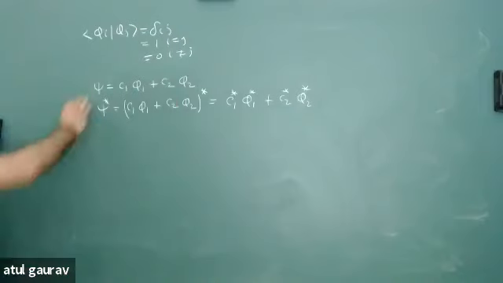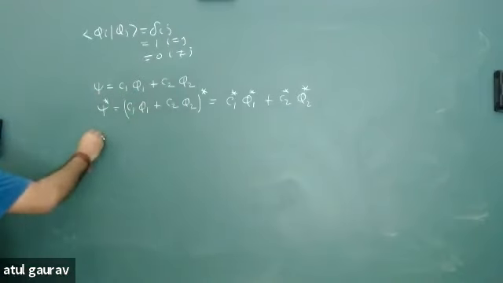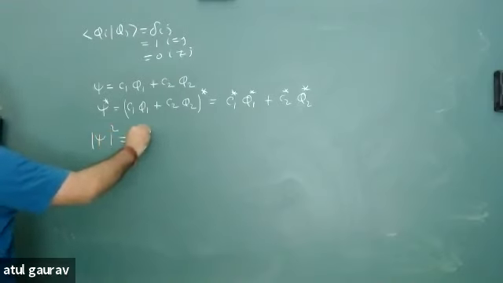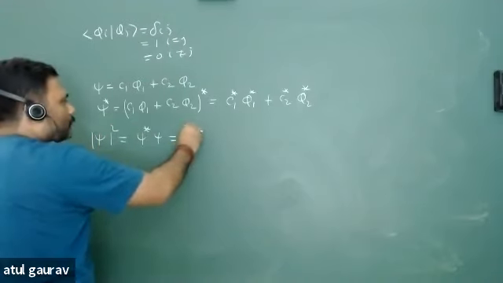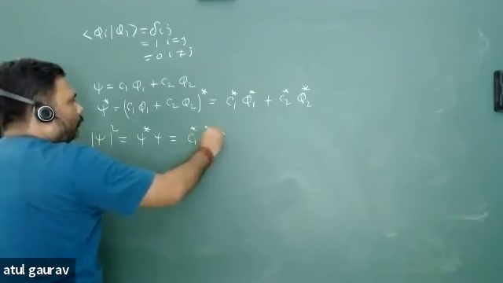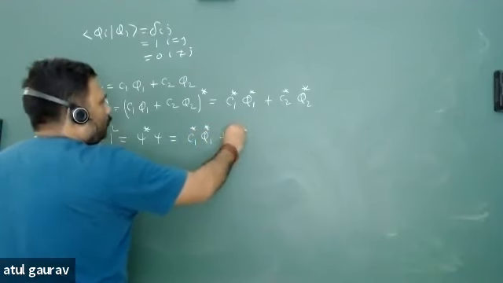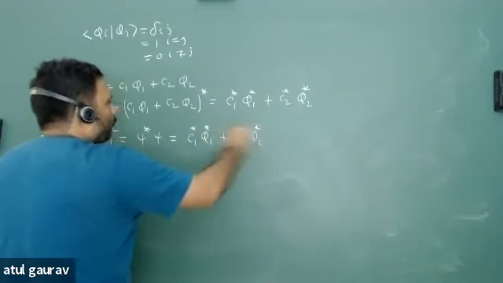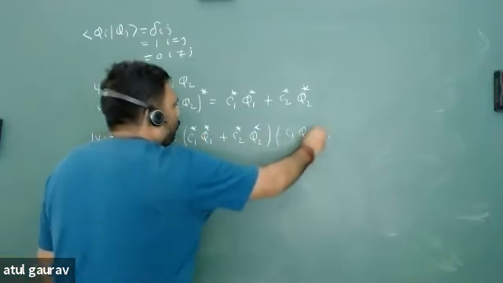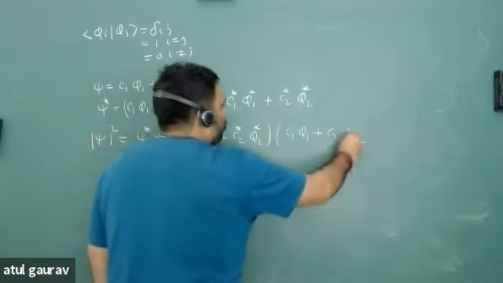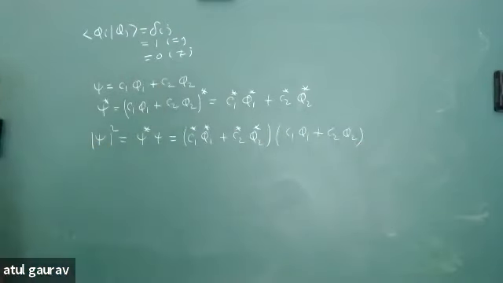And now these are functions. If I am writing mod psi square is equal to psi star psi, then we can write this as C1 star phi 1 star plus C2 star phi 2 star, into C1 phi 1 plus C2 phi 2. So how many terms do we have?